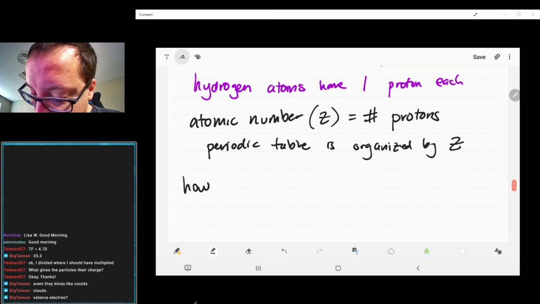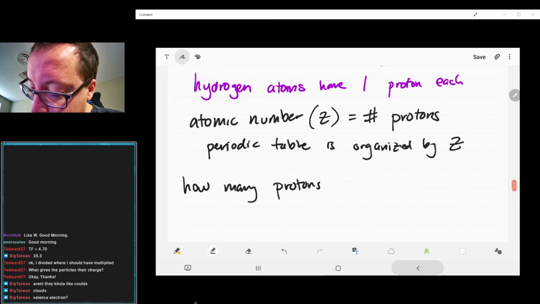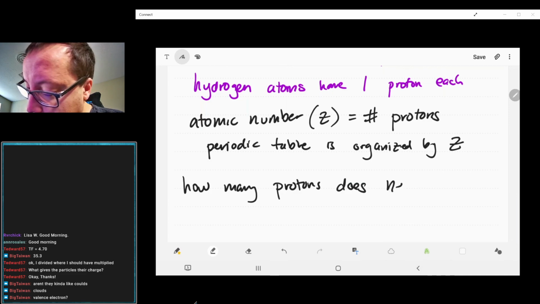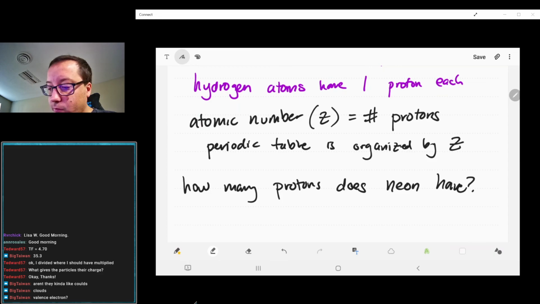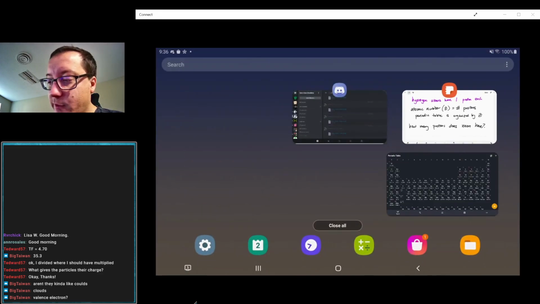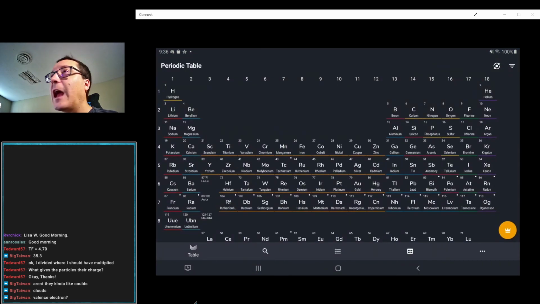How many protons does neon have? If that is a question for us, we zip over to a periodic table and try to find neon.